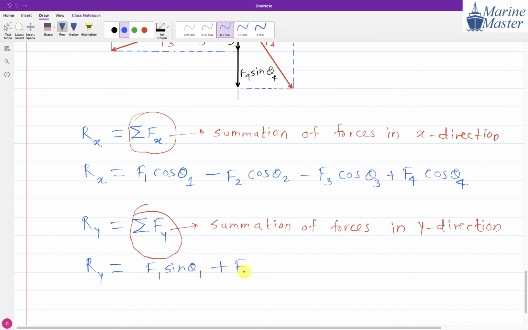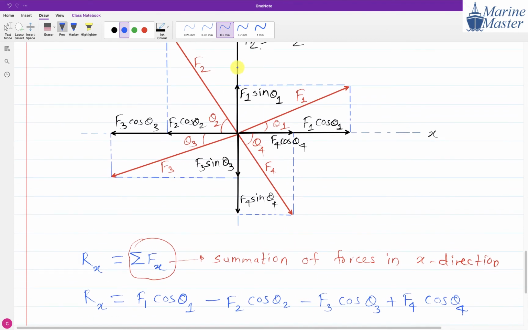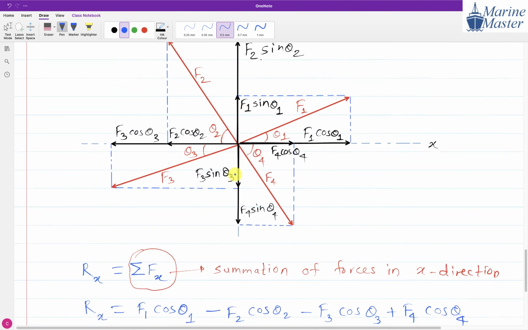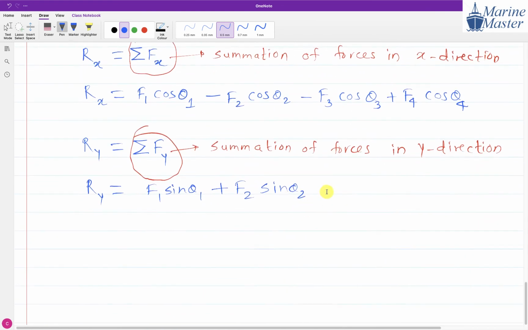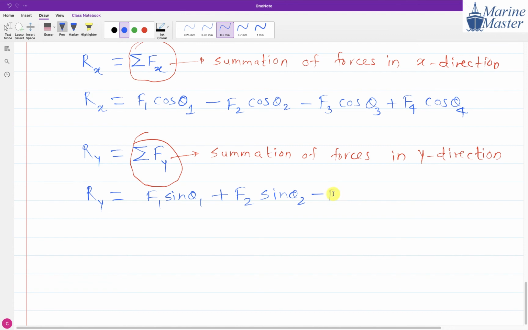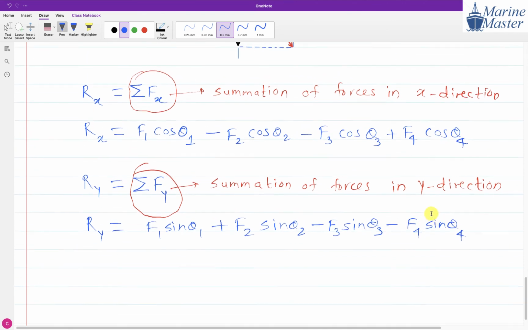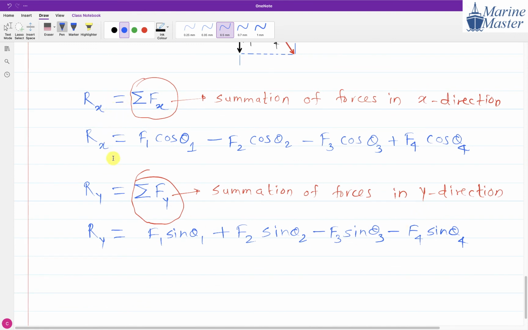Correct. F1 sin theta 1 and F2 sin theta 2, because both are upward, positive y direction, and then minus F3 sin theta 3, and then minus F4 sin theta 4. So in this way, we will get Rx and Ry.